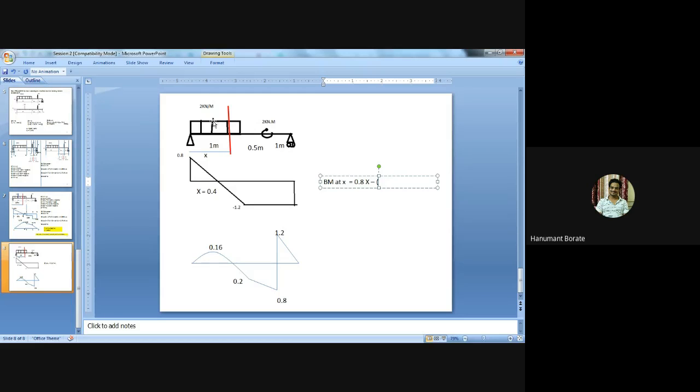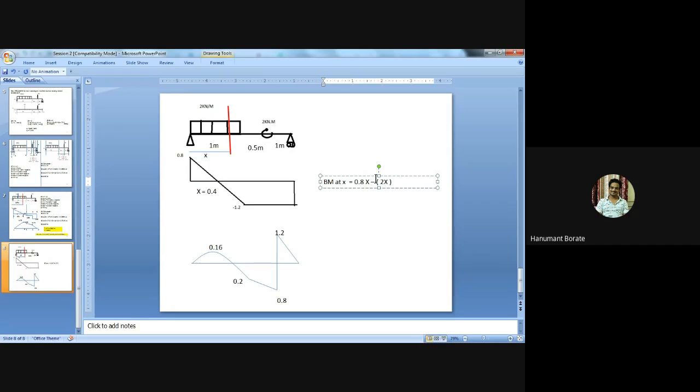Now the moment of the partial UDL. The intensity of the UDL is 2 kilonewton per meter, right? But our section lies at a distance x, so the span of the UDL is only x. So total load equals 2 into x. So I will write here 2 into x.